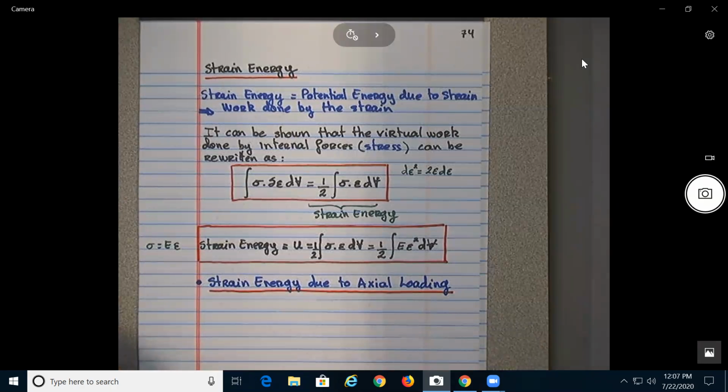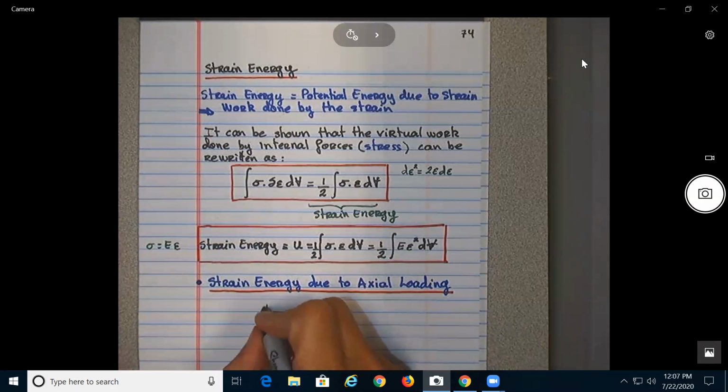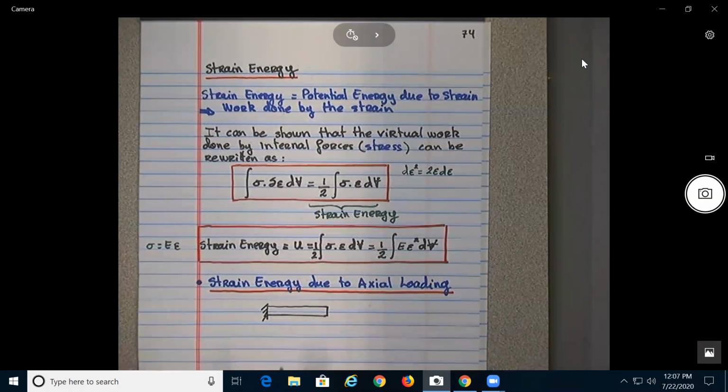Okay, so imagine you need to study a structure that is subjected to an axial strain. Again, let's take a simple structure. Let's take a beam.